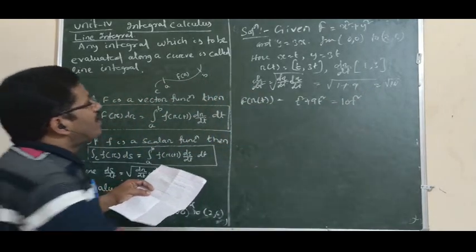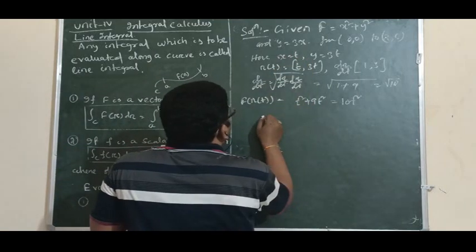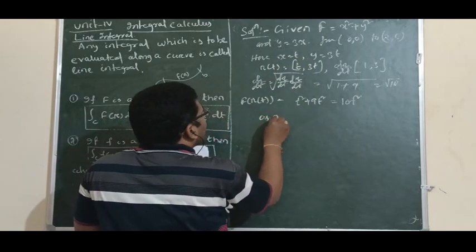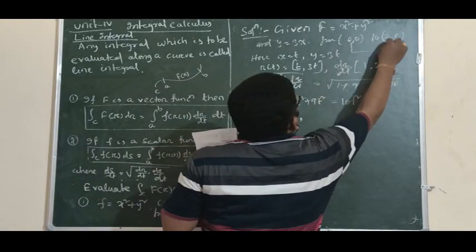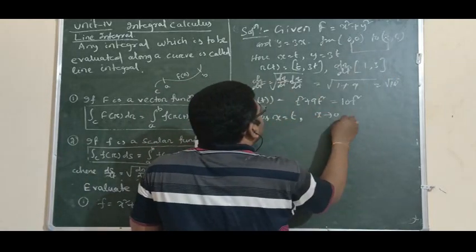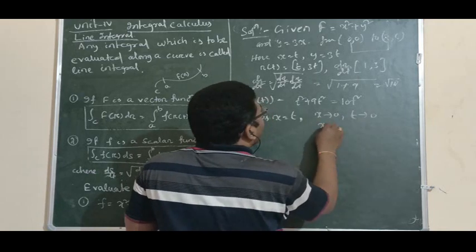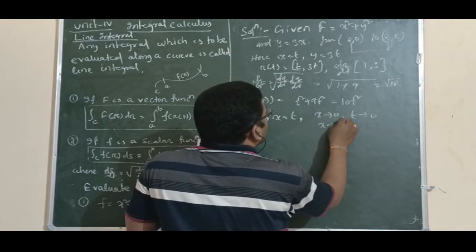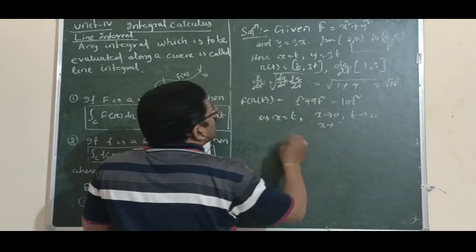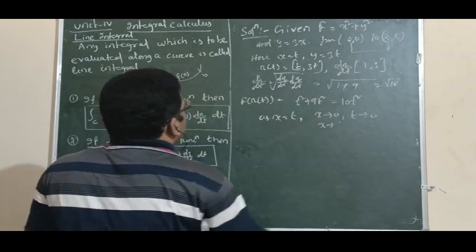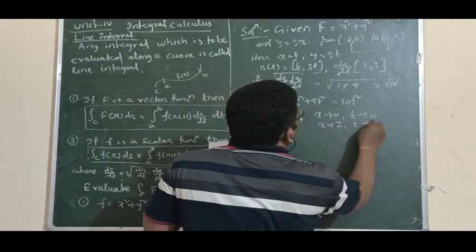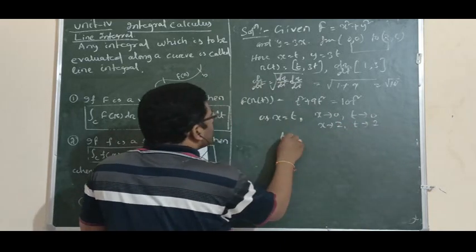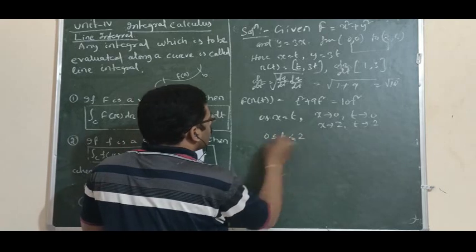Now because x equal to t, as x is moving from 0 to 2, when x tends to 0, t tends to 0, and when x tends to 2, t tends to 2. So the limit of t is between 0 to 2.